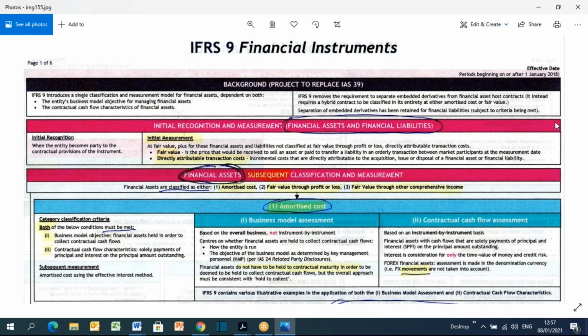So you should know the initial measurement of the financial assets and financial liabilities at fair value, plus the directly attributable transaction costs, and then the subsequent accounting treatment for the financial assets.